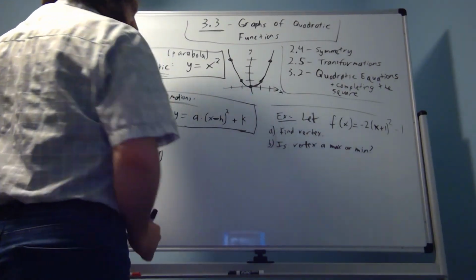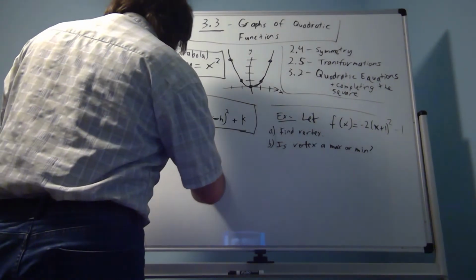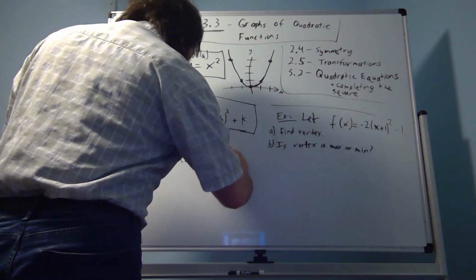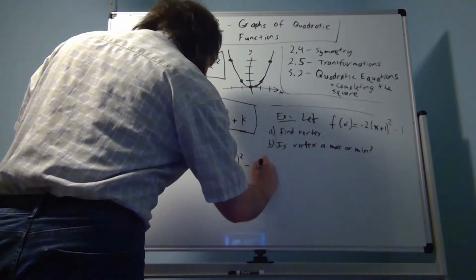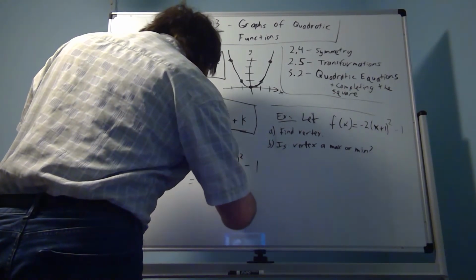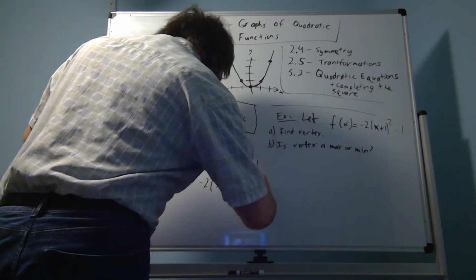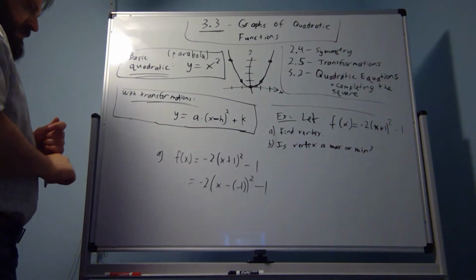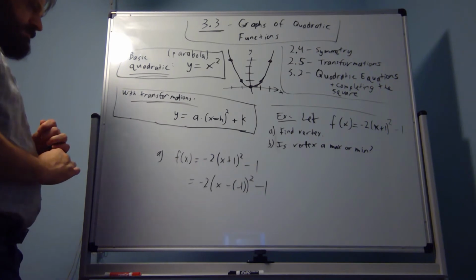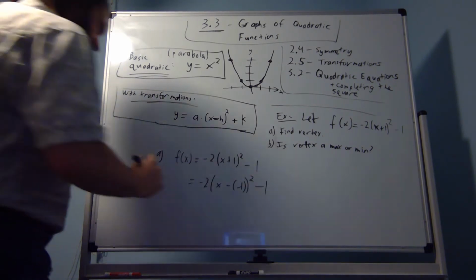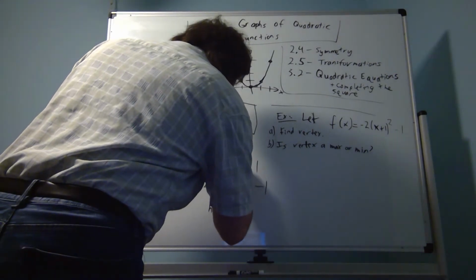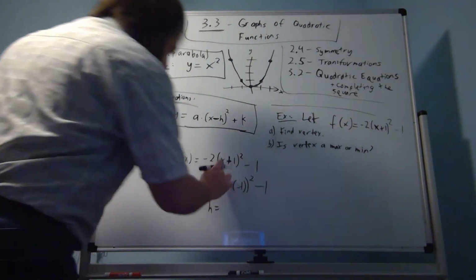For part A, it's not quite in standard form, it's almost standard form. f of x is negative 2 times (x plus 1) squared minus 1, which is x minus negative 1. So h is not 1, because that's not quite the hk form of the parabola.